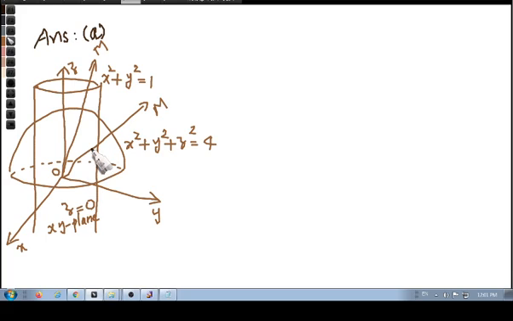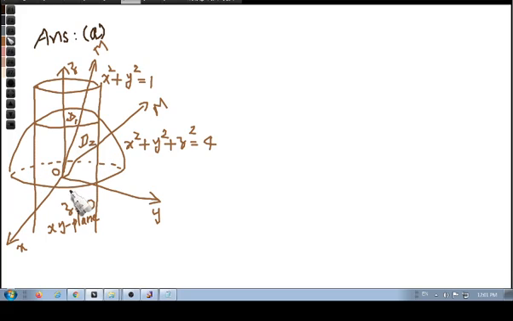So in this case, you have to split the region into two subregions, D1 and D2. This portion is D1 and the lower portion is D2.